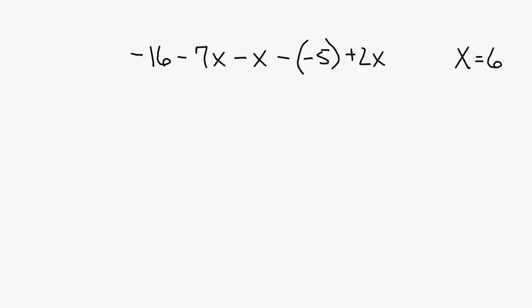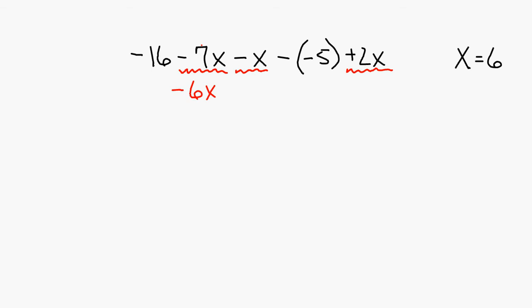So the first thing that you have to do is combine everything that has an x after it. So you've got a negative 7x, a negative x, and a positive 2x. So in your calculator, you can push 7 negative minus 1 plus 2. And that gives you negative 6x.